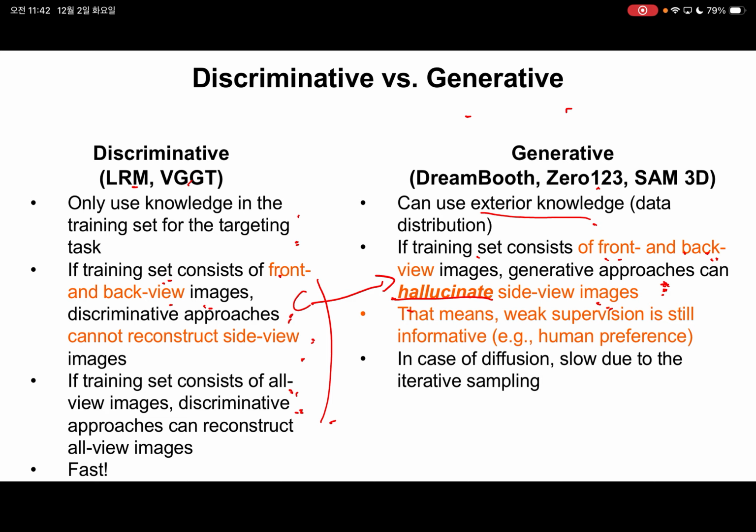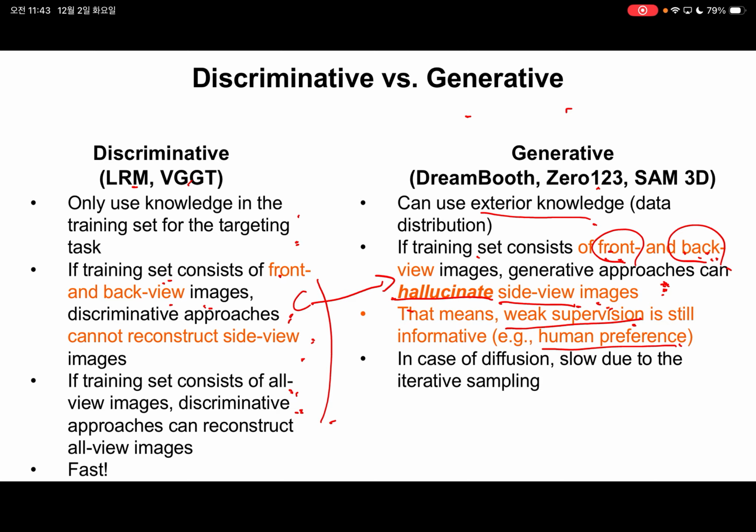That means for the side view image reconstruction, front and back view images are a kind of weak supervision, right? We are interested in side view image reconstruction, but all we have is front and back view images, and this kind of weak supervision signal is still informative if we are using a generative model.